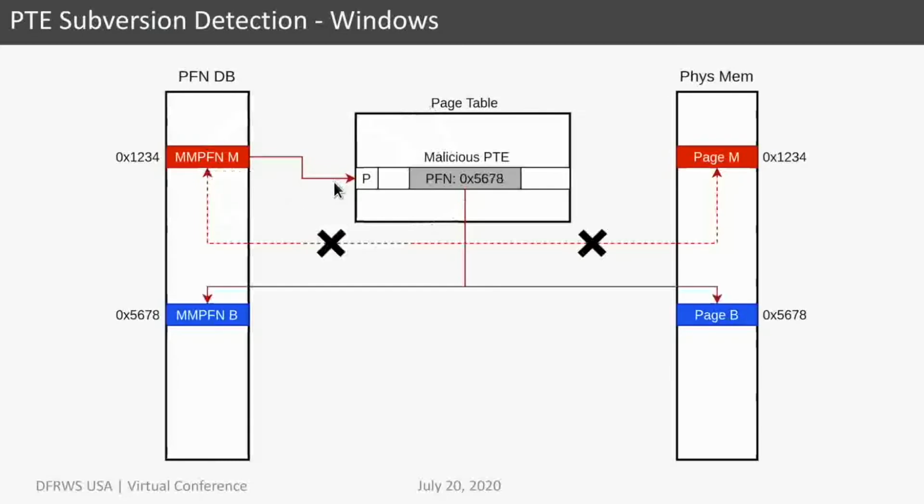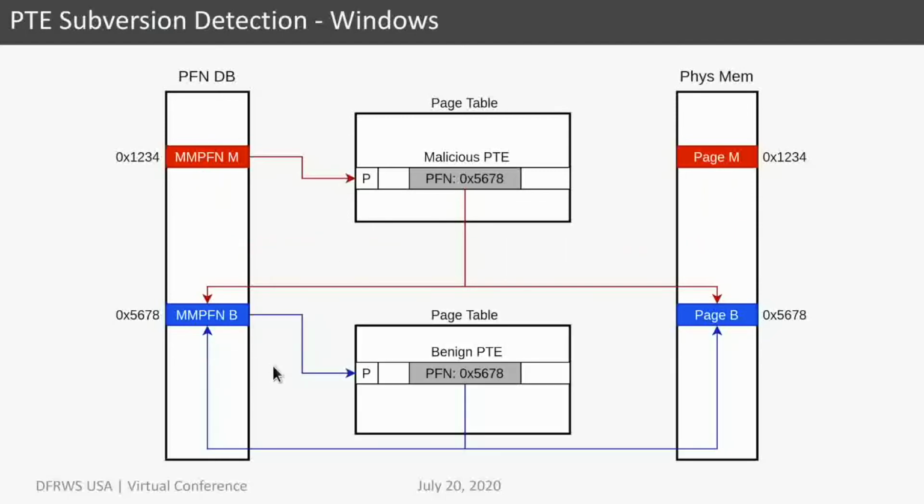So if we're now doing the PTE remapping, so we are changing the PFN value, the pointers get modified. So we are now pointing at the benign page down here, and we are also referencing another MMPFN struct. So that means we have a broken loop. We have a valid loop down here because this MMPFN struct belongs to a valid page, the benign page is already there.